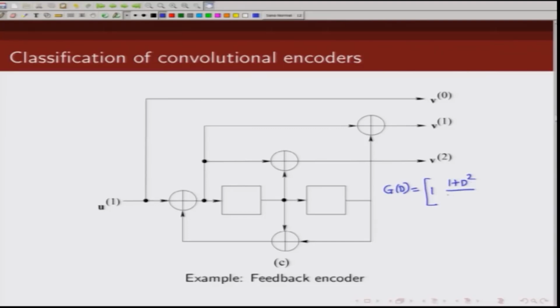We have basically the 1 plus D plus D square term. Similarly, V2 is basically given by 1 plus D over 1 plus D plus D square. So, this is the generator matrix for this feedback encoder.